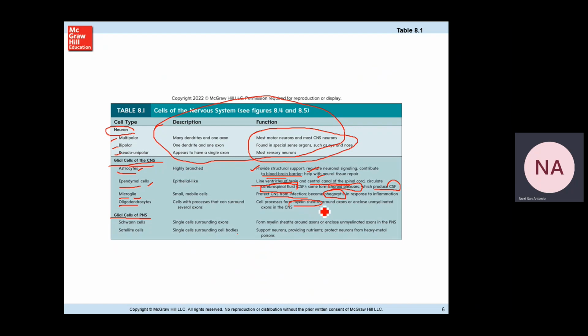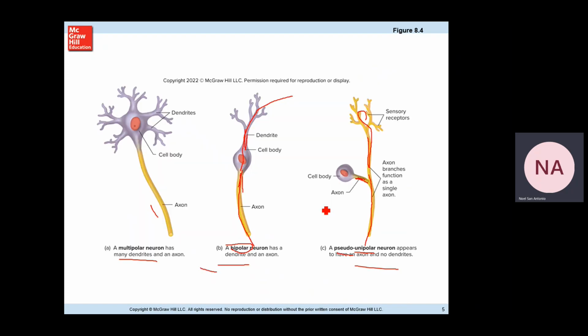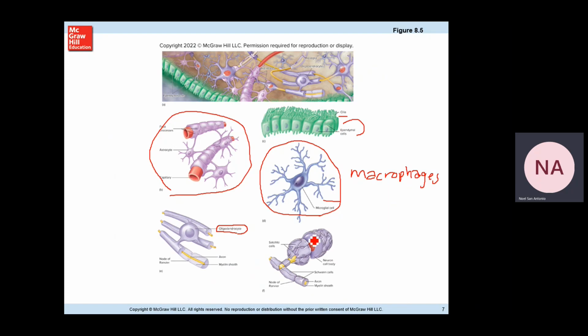Myelin sheath is found wrapping around the axons of the central nervous system. That's why if you look at this illustration, your oligodendrocytes are the ones that produce myelin sheath. So you can see that the axons in the nervous system are enclosed within a myelin sheath.